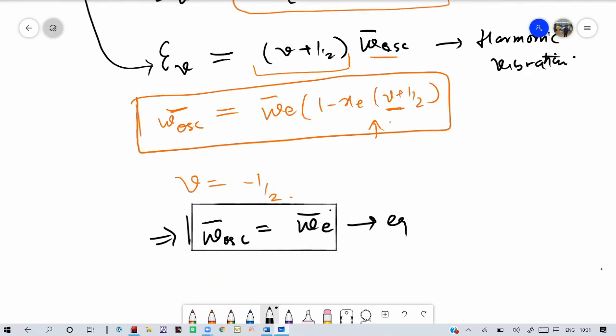It is called the equilibrium oscillation frequency of the anharmonic system, but it is hypothetical. Remember that.